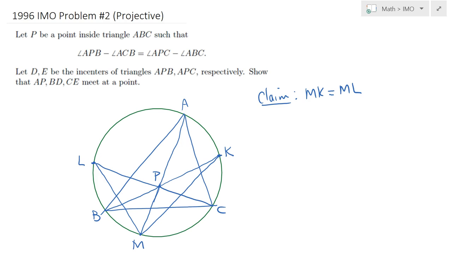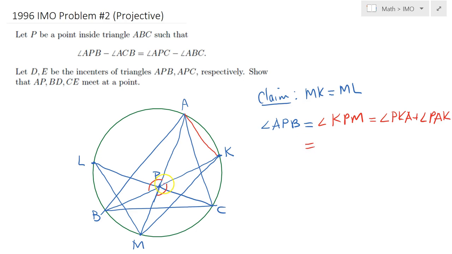For this, let's start with the angle APB. Obviously, from the drawing, APB and KPM are vertical angles. But angle KPM is an external angle in triangle APK, so it is equal to the sum of PKA and PAK.